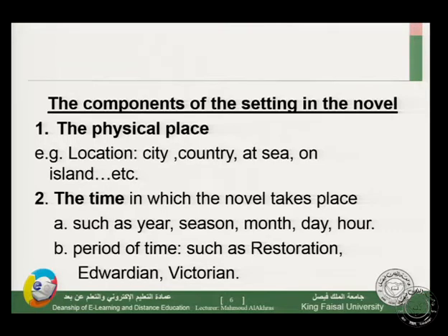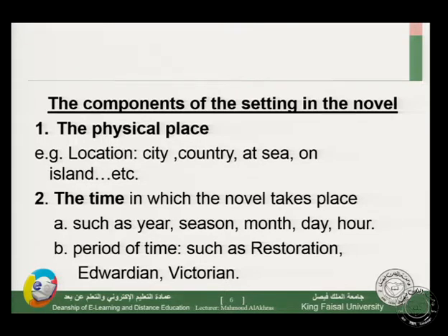The second component, the time. So we have the second component, which is the time in which the novel takes place, such as the year, season, month, day, hour. So we have period of time, specific time or specific season, month, day, hour.